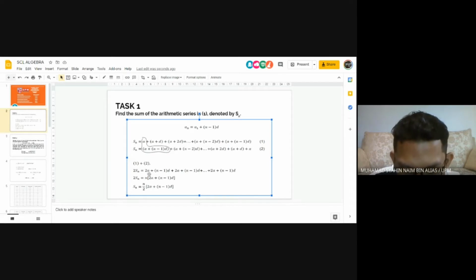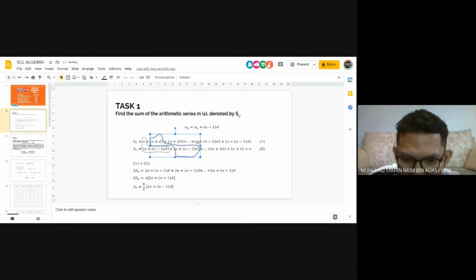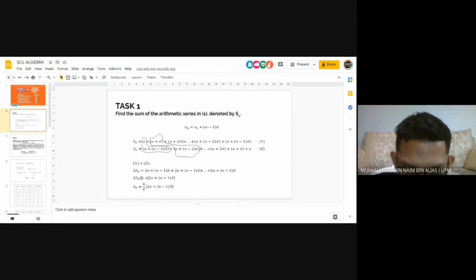So you will get 2a plus (n minus 1)d, and it will be repeated for the next term also, and for the next also. So it will get the same value, 2a plus (n minus 1)d, until the end of the series. So we get 2Sn equal to n bracket of 2a plus (n minus 1)d.